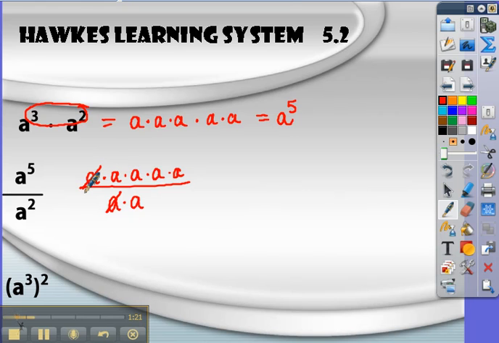And then I'm going to reduce another set of a's. And so what I'll refer to quite a bit is I'll say, after I've reduced, where are my extras? And in this case, after I start crossing things off, my extras are on top. And how many are there? Well, there's 3 extras. And so this is just an a to the third. And I have it on top. I could put it over 1, but that's not really necessary.